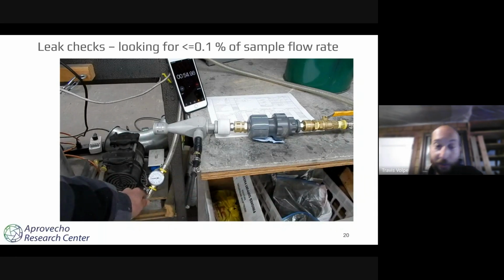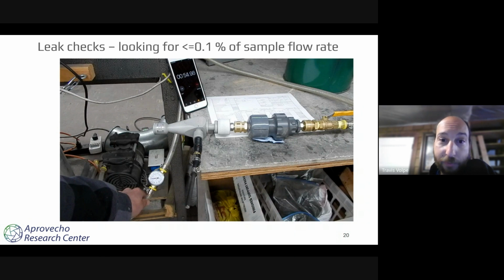To do a leak check, you need to put the system under pressure and measure if there is any pressure drop. You can see we are monitoring the vacuum gauge over the course of 1 minute after drawing a vacuum through the system and closing it down.